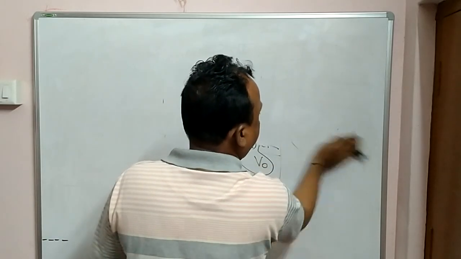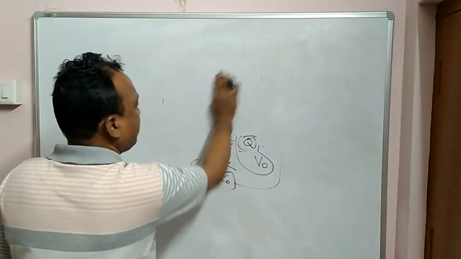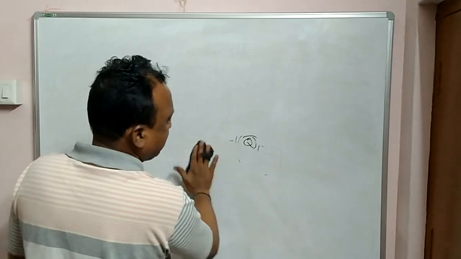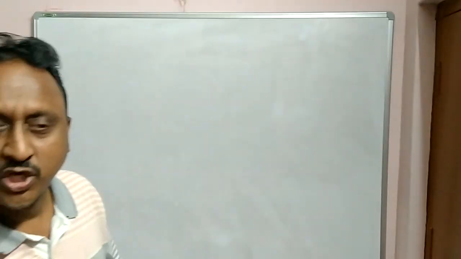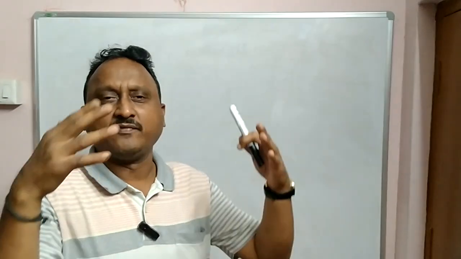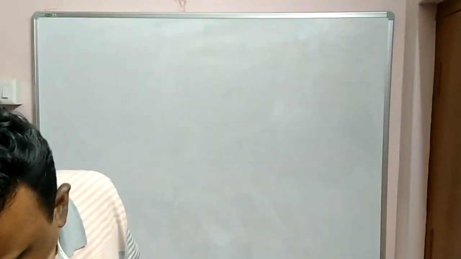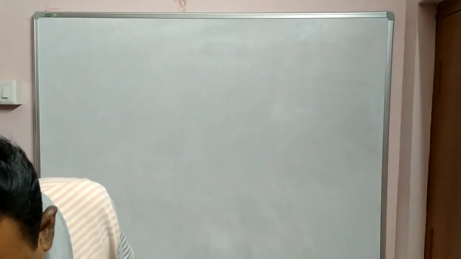So finally, what we have learned is: potential becomes 1 by K times, E becomes 1 by K times, C becomes K times, and Q also becomes K times after putting the dielectric material. Now, one more additional piece of information I am giving you.